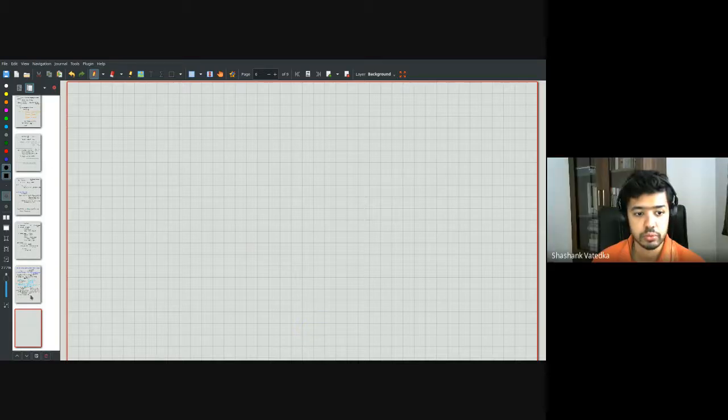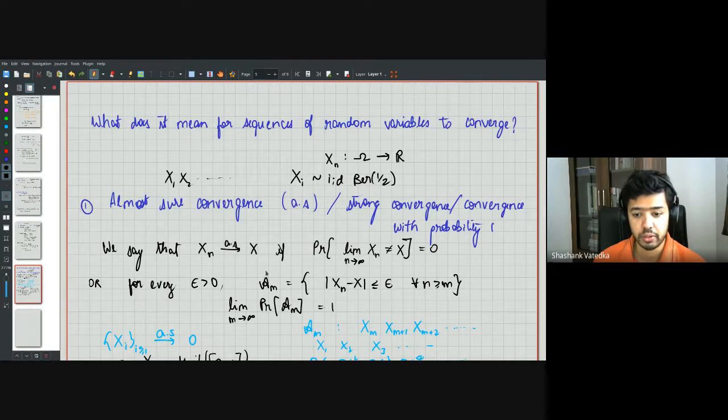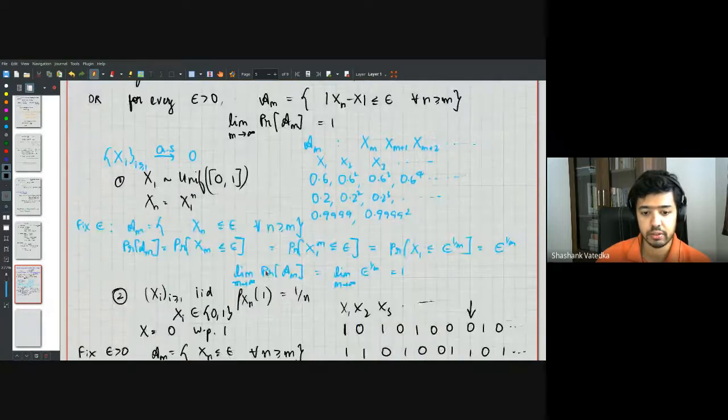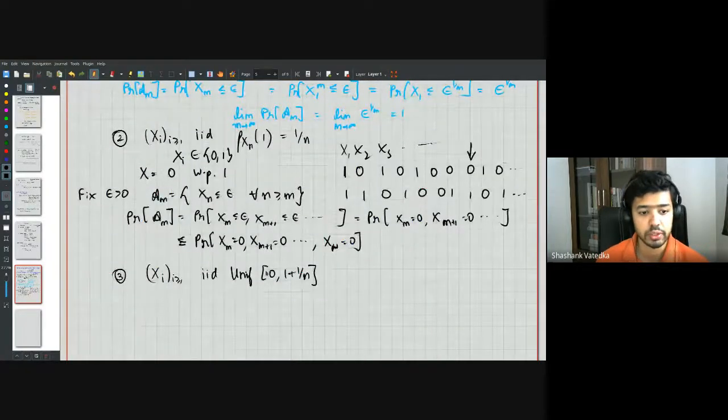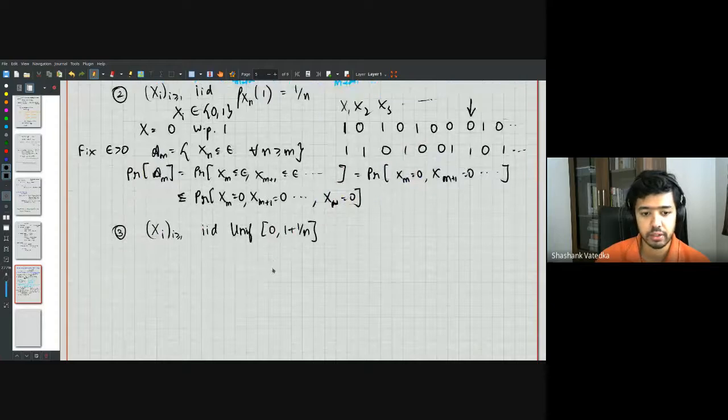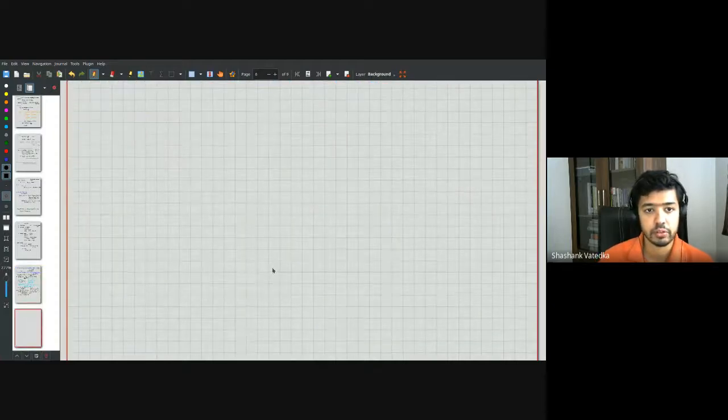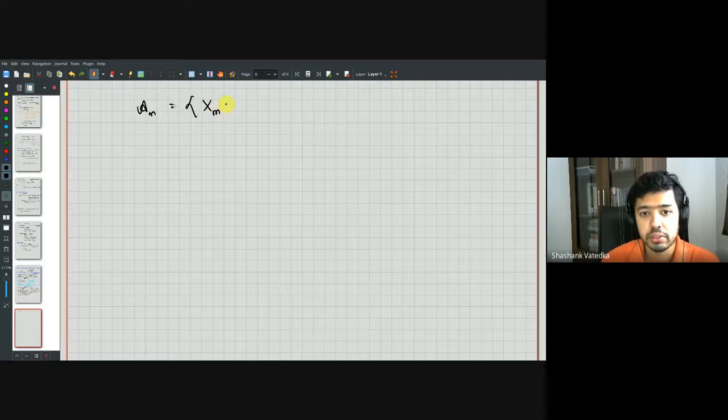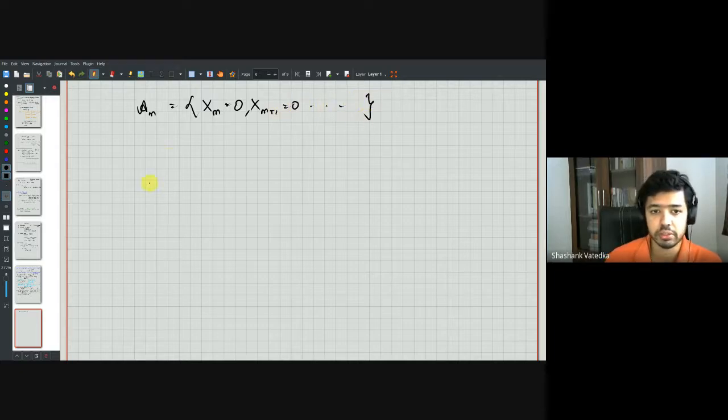Correct. So the important point here is, let's look at the two events that we're interested in. I have this event AM, which is the event that xm is 0, xm plus 1 is 0, and basically everything beyond xm is 0.